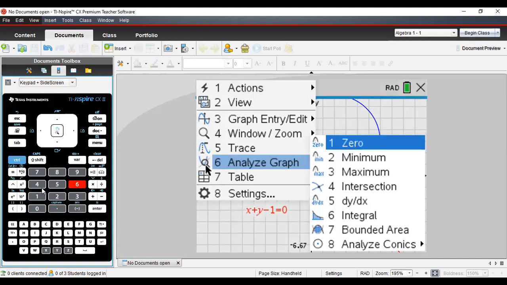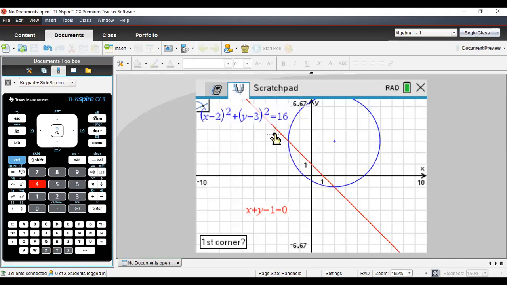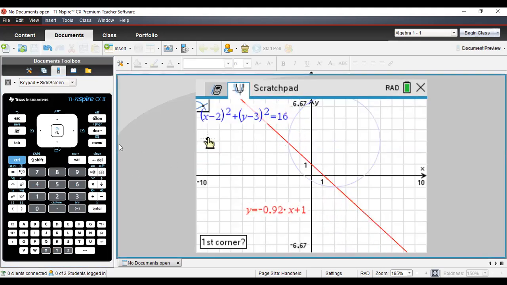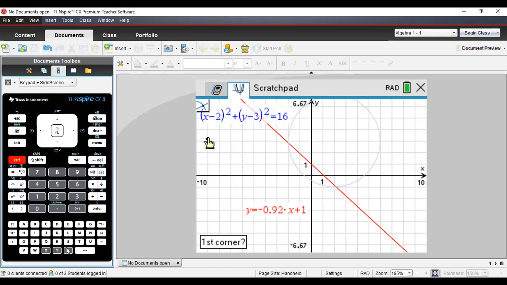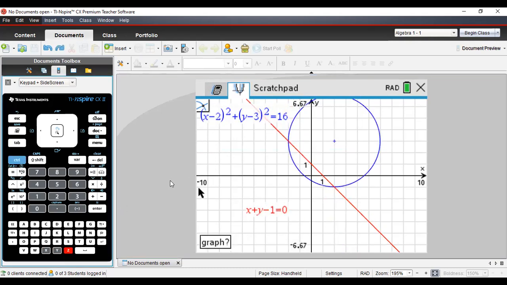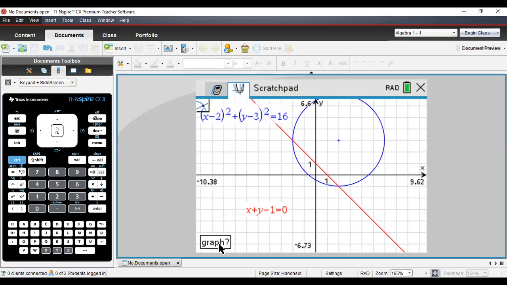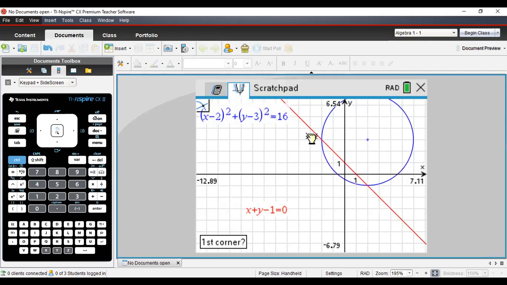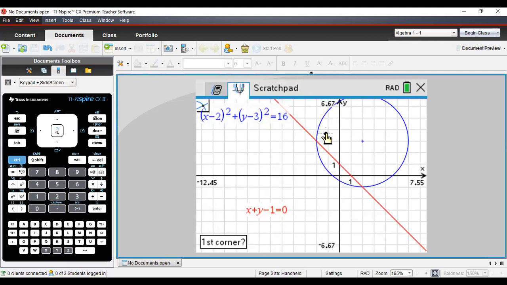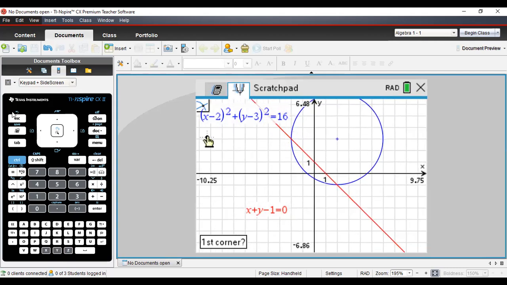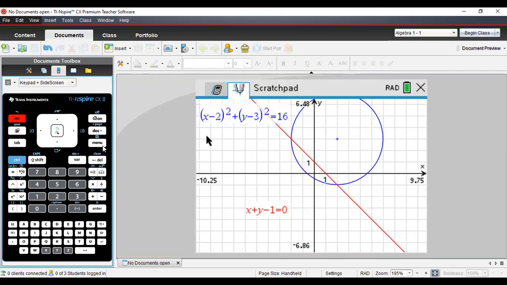Menu 64. We're going to go here. Oops. Let me do Control Z because I don't want that to change. I'm going to do here. Graph. Okay, something's not right, so let me do this again.